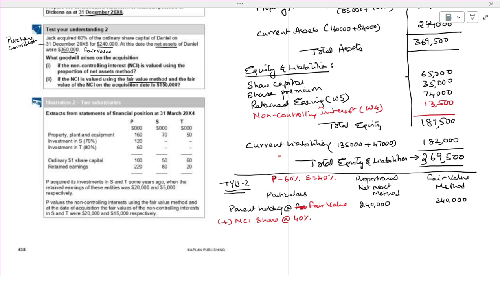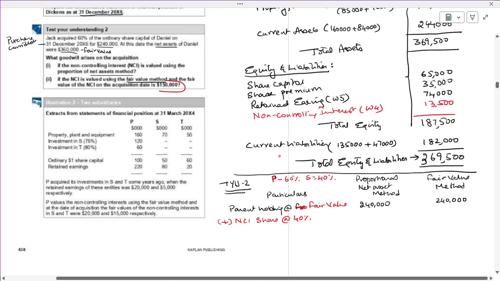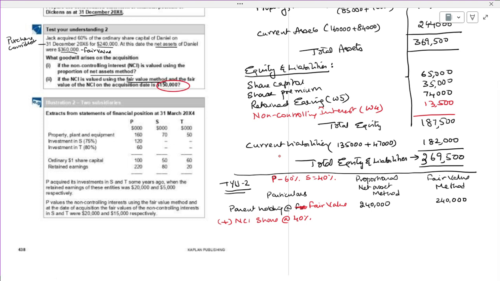If the NCI is valued using the fair value method, and the fair value of NCI here is 150, okay.